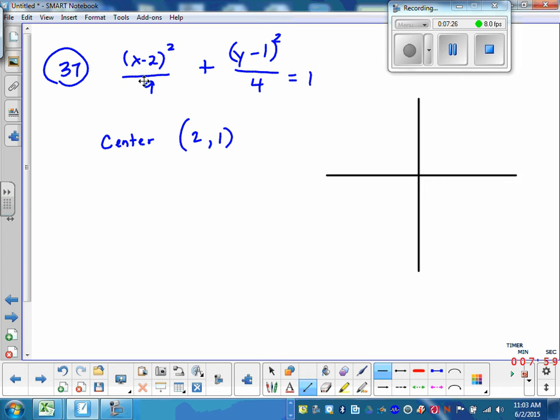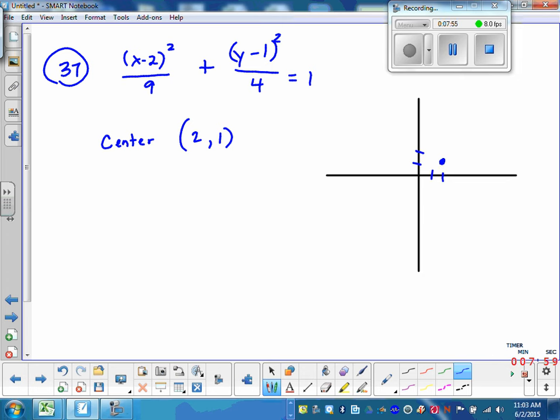So A is always the major axis, and wherever A is tells you what it's parallel to. Okay? So from this, we should be able to see then that our center is not at 0, 0 this time. So it's over 2 and up 1. So this is our center this time.